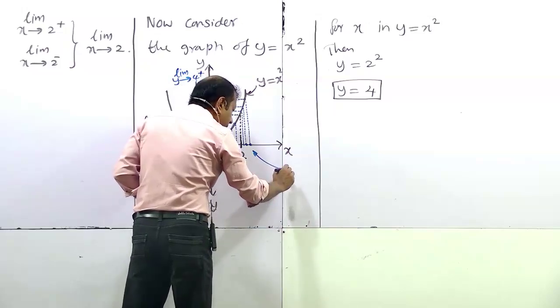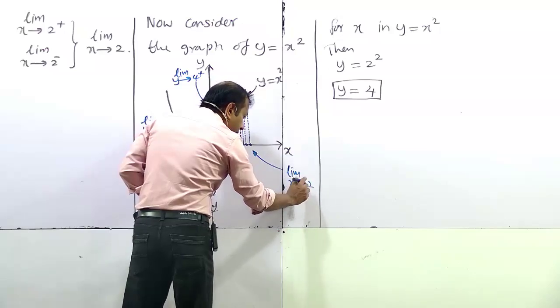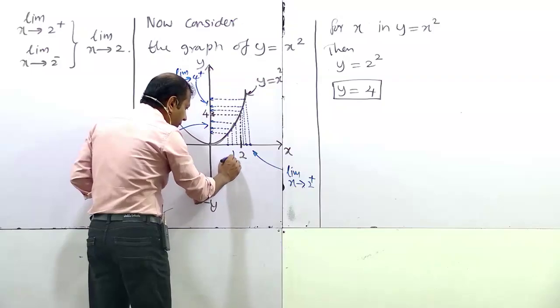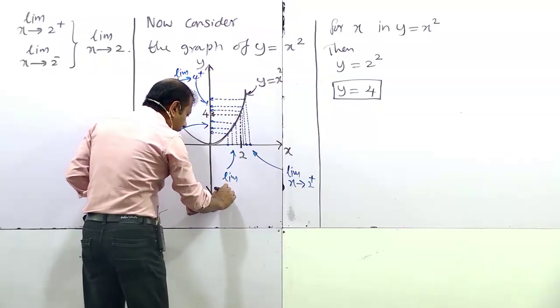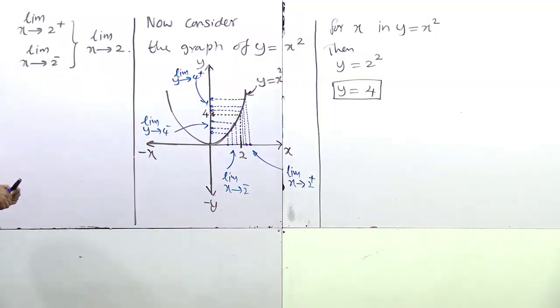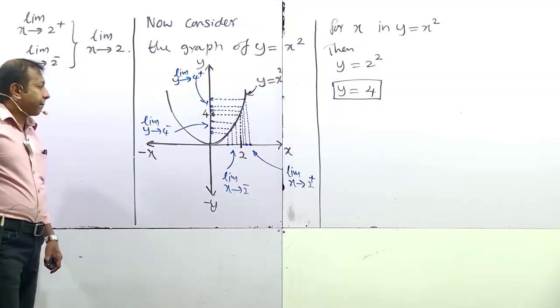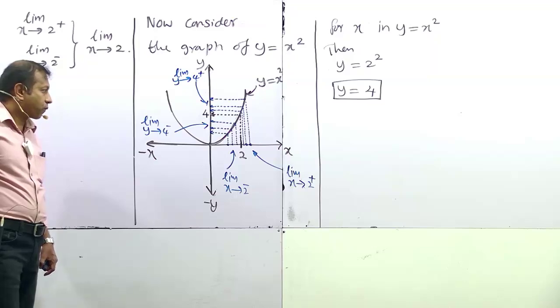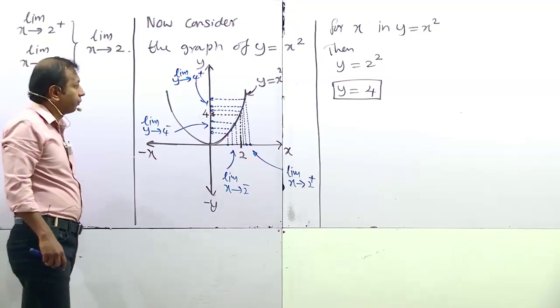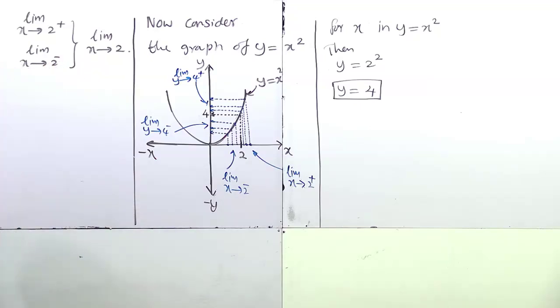This you can write as limit x to 2 plus, and this limit x to 2 minus.